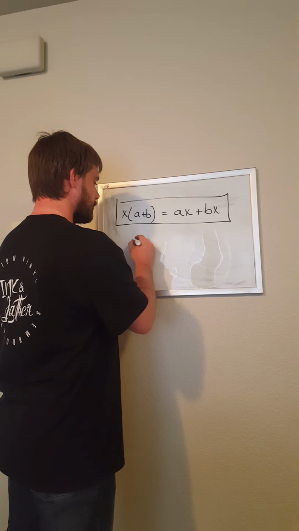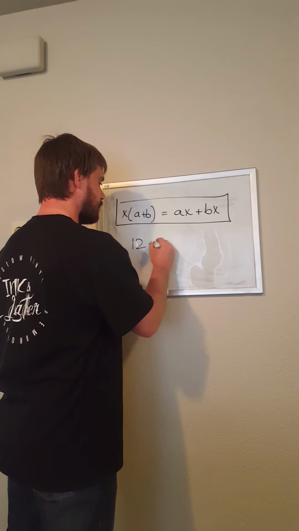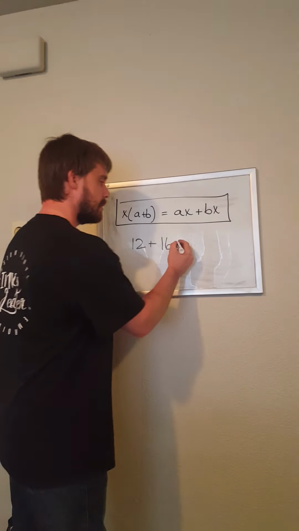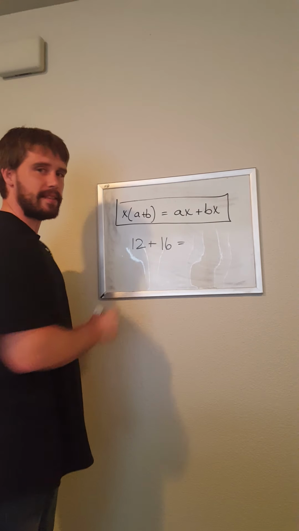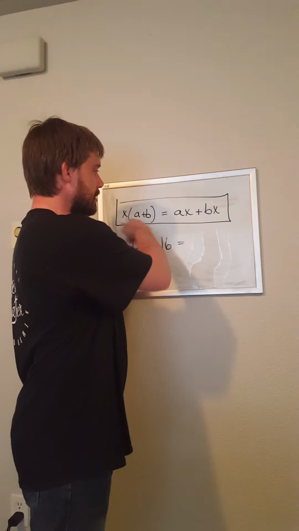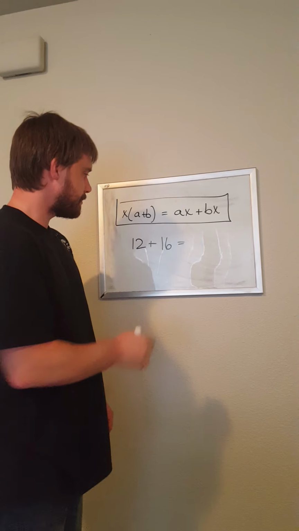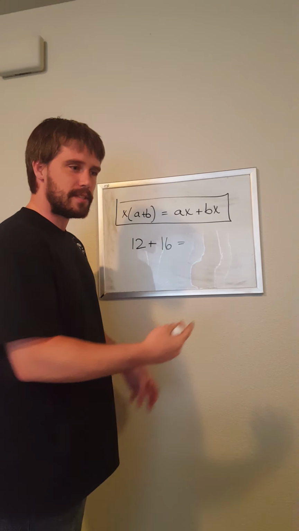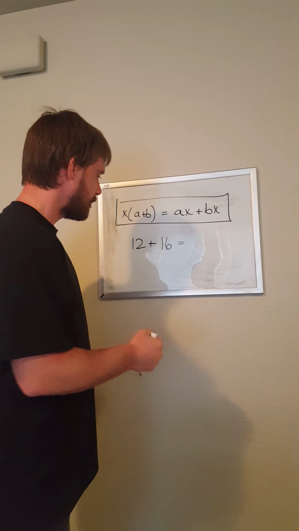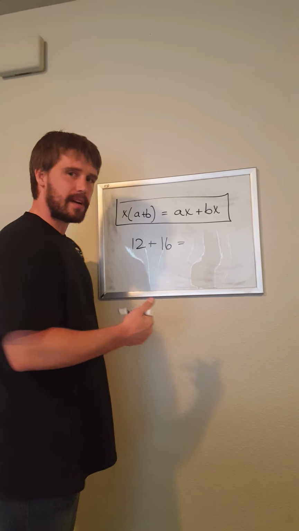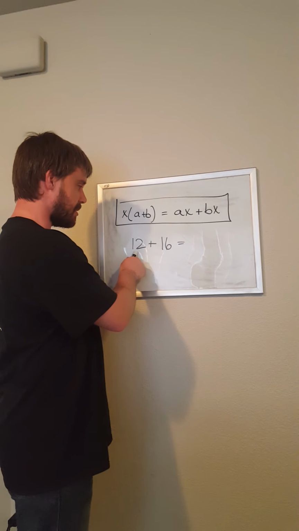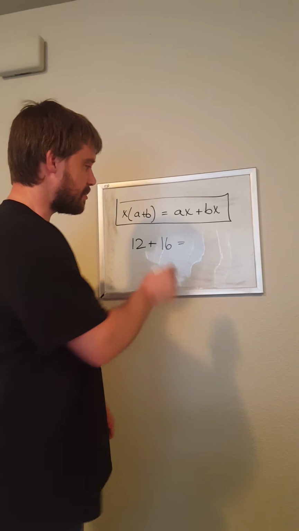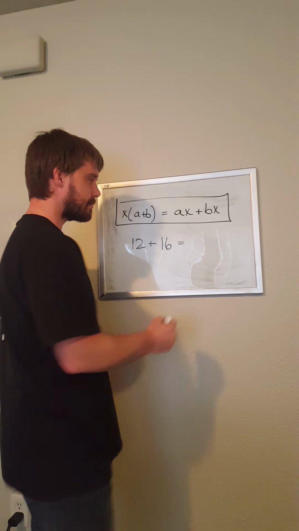Let's say I want to do 12 plus 16 equals. And I want to rewrite this using this expression. So I've got a sum here, and I'm not multiplying by anything. So I'm going to factor something out. Both of these numbers have a common factor. This number is 3 times 4, and this number is 4 times 4. So they both have a factor of 4.